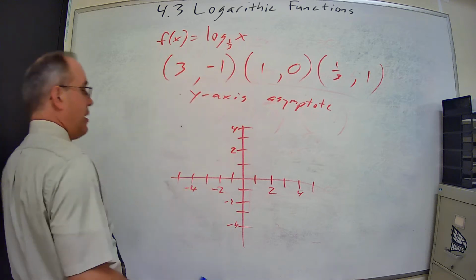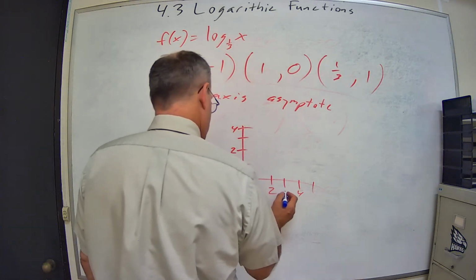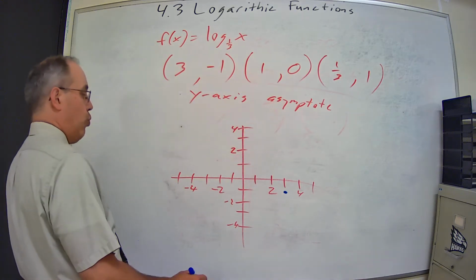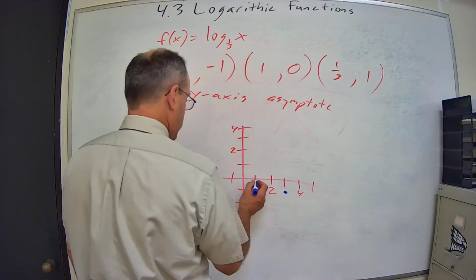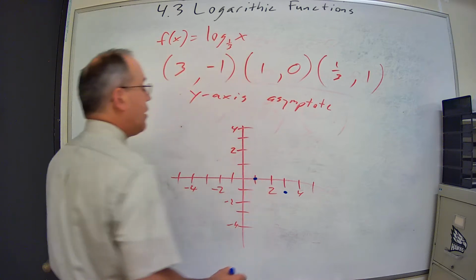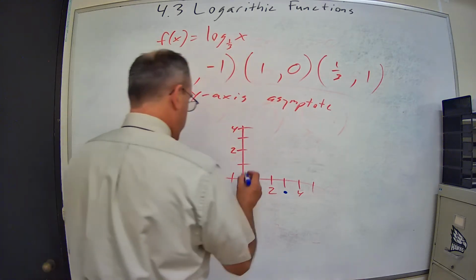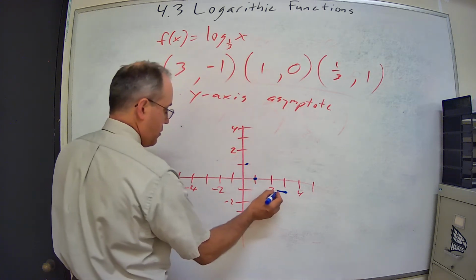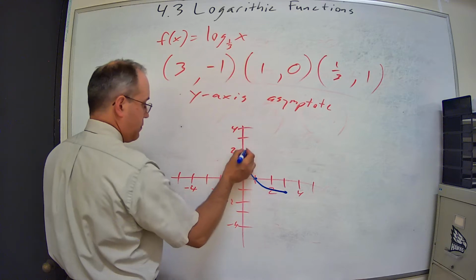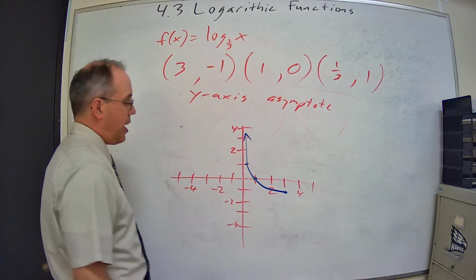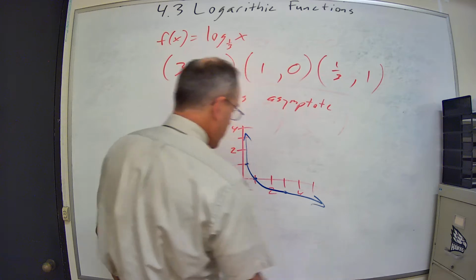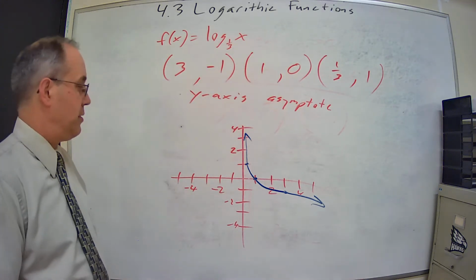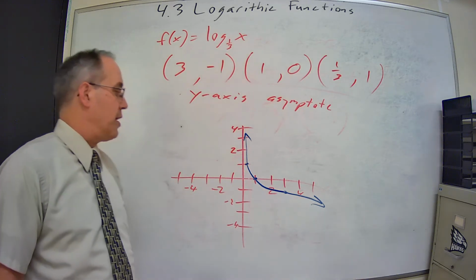So we have 3, -1, 1, 0, and 1/3, 1. It's going to approach the y-axis but never touch it, and continue getting further and further away from the x-axis, so it's going to go to infinity.